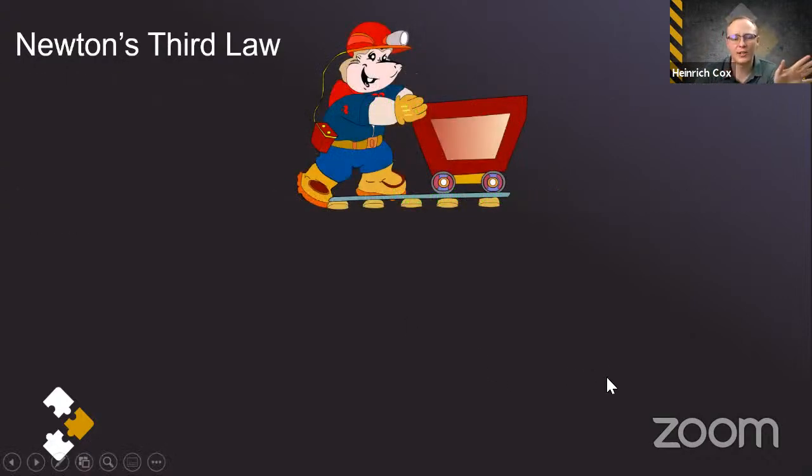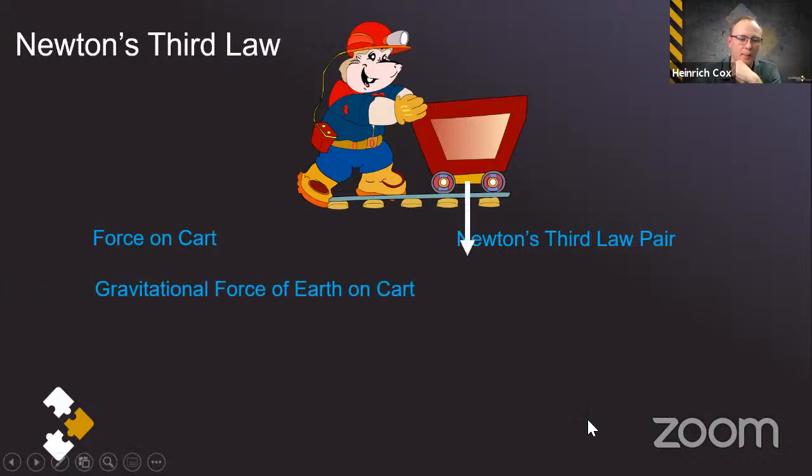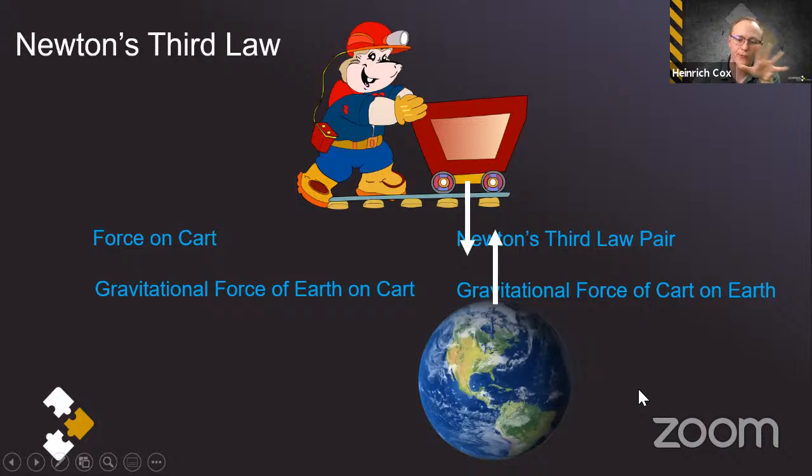So let's say, for example, we've got this miner that's pushing around a cart. So let's look at the force on the cart and the Newton's third law pair that corresponds to that force on the cart. Okay, so the cart's on Earth, it's got mass, there'll be a gravitational force of the Earth on the cart. That means that the Newton's third law pair is the gravitational force of the cart on the Earth.